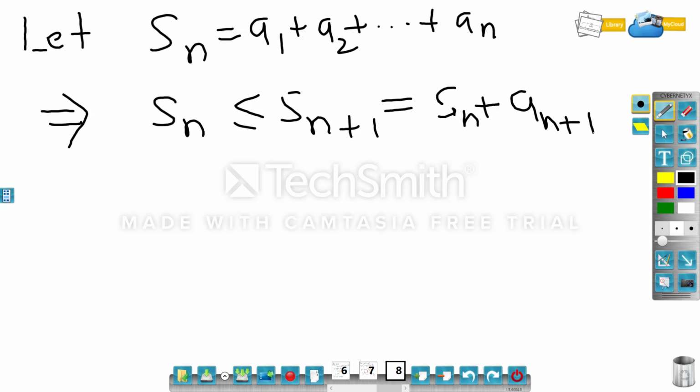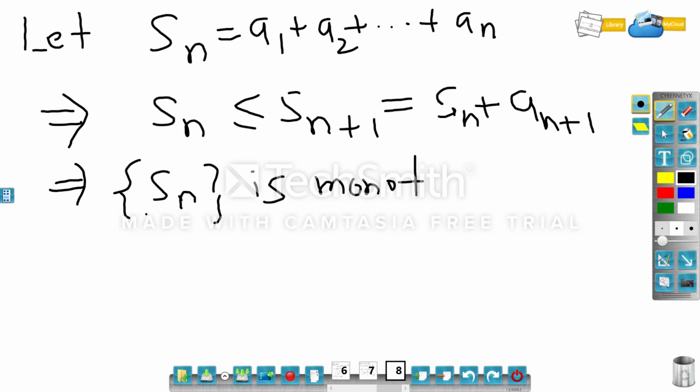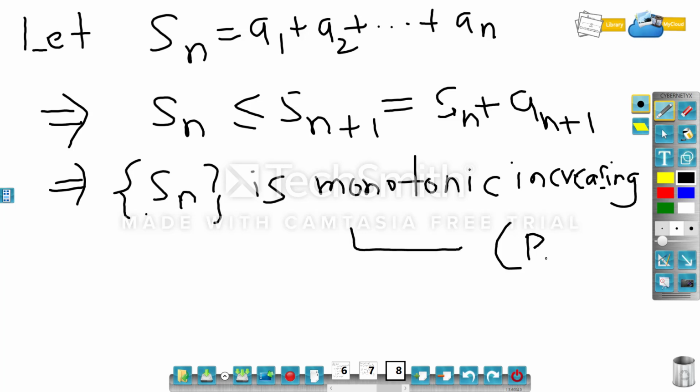So this is very clear, Sn is always less than or equal to Sn plus 1. So this would imply your sequence Sn is monotonic increasing. Let's number this as equation B.